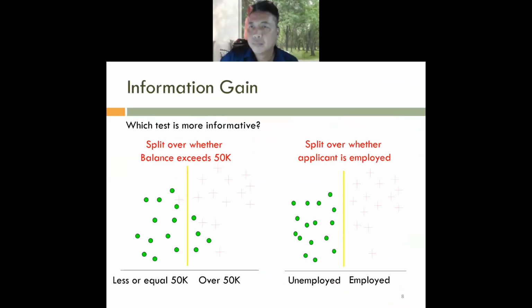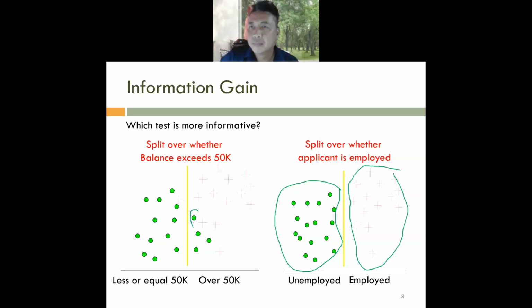This is just to show you that we split the data into partitions. The aim is that we want all of the same label to be partitioned in the same group. This is good, the split for this one is perfect.